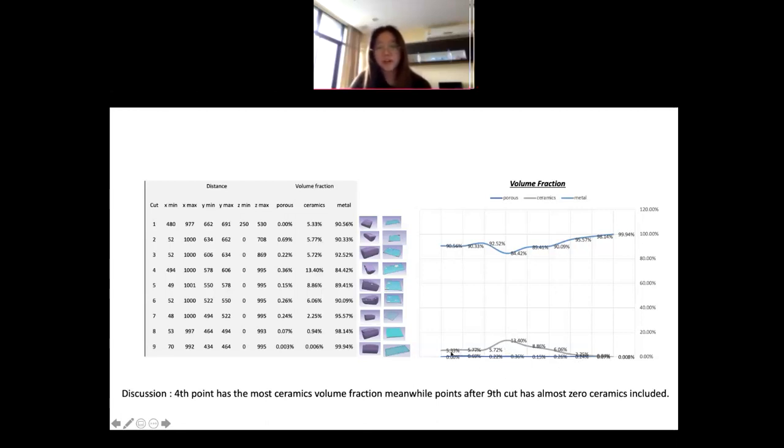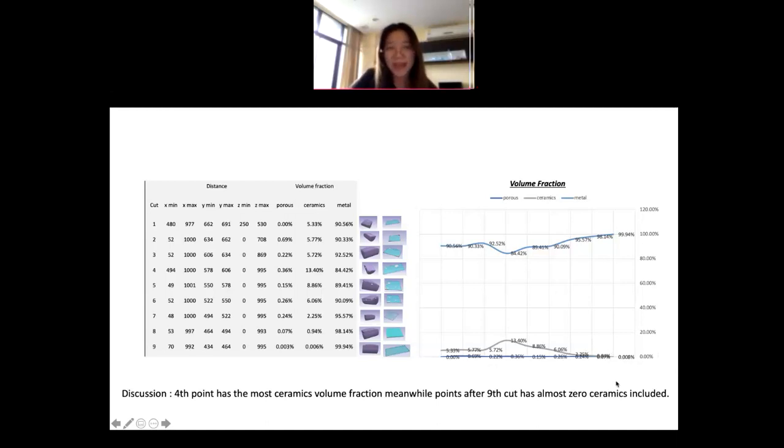It's based on the volume fraction, and it can be clearly seen that on the fourth one, the 13.4% of the gray color is really high. So that's the biggest ceramics chunk there. And as the cuts go lower, the ceramics was nowhere to be seen, almost 0%.